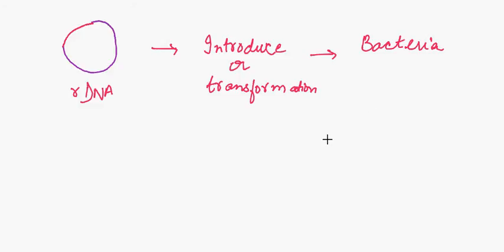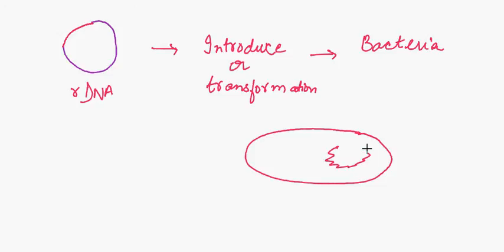So when we introduce it, it would look like this. This is the genome of bacteria, and this is our recombinant DNA that we have made. So this is called transformation of recombinant DNA.